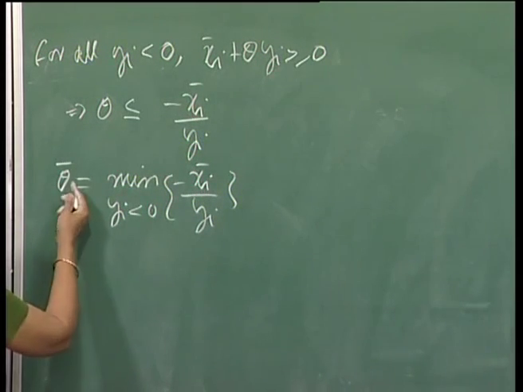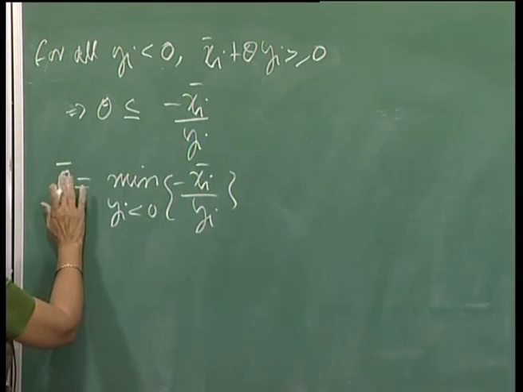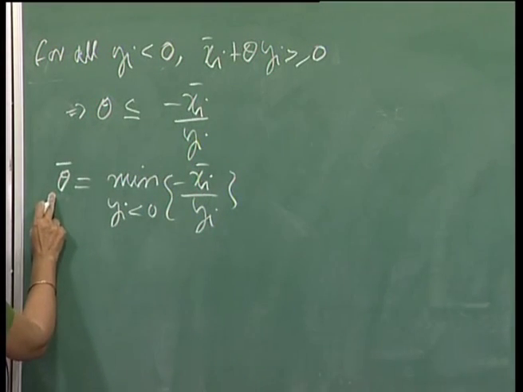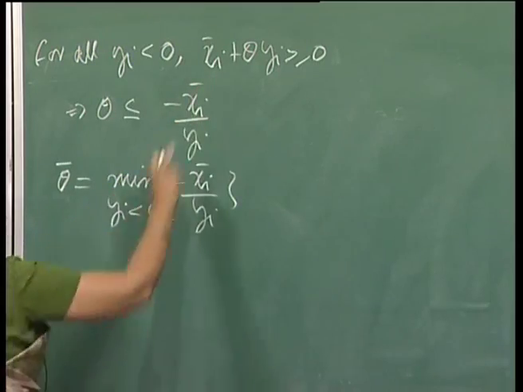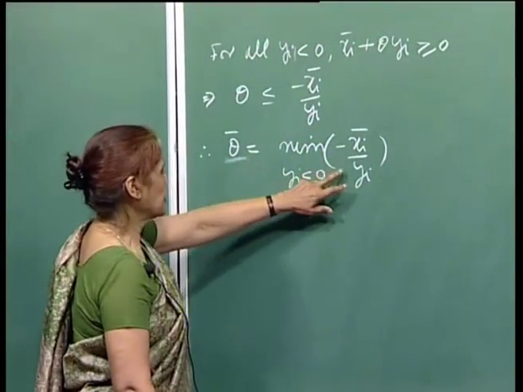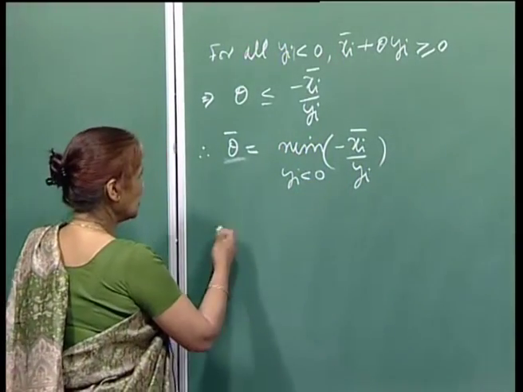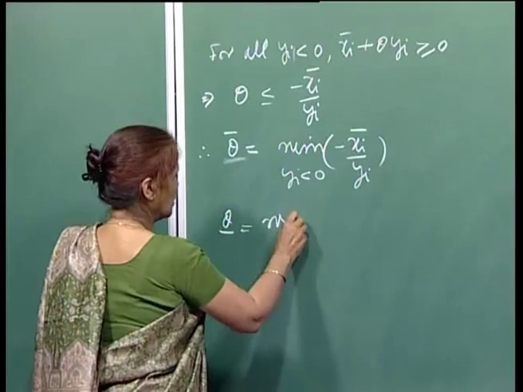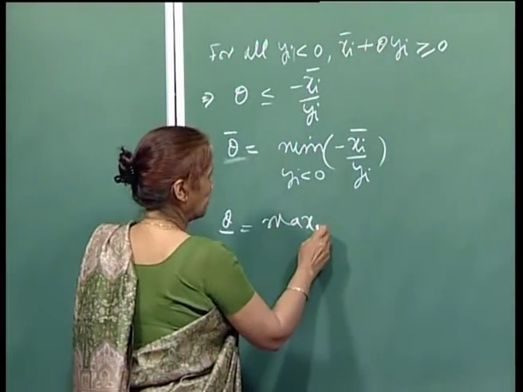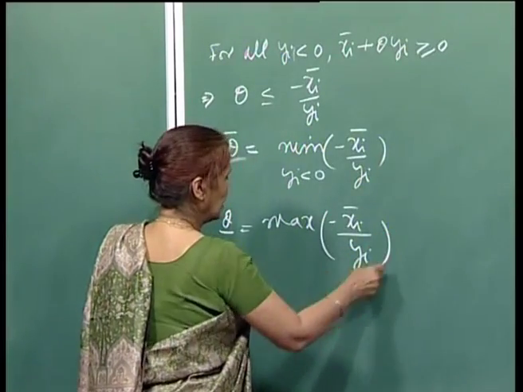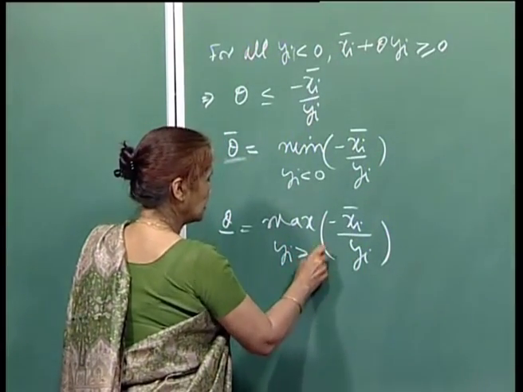And if theta is less than or equal to theta upper bar, then all these numbers will remain non-negative. So, here we selected theta upper bar as this, and theta lower bar was the max of minus xi bar upon yi with yi greater than 0, right.